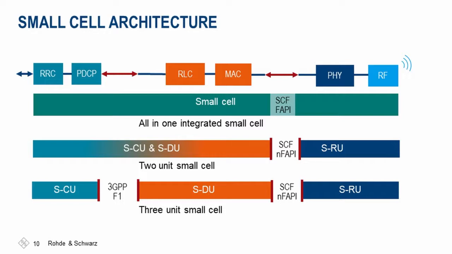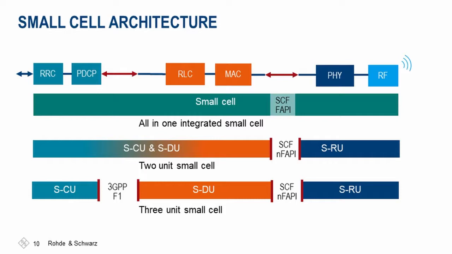So here you see the layers from physical to RRC and RF layer, and the possible different architectures. One is a small cell with, it's an all-in-one integrated small cell. It contains all the layers from RRC through PHY and RF in one unit, and within the all-in-one integrated unit, the small cell can still use the FAPI interface, the open interface, to communicate between the MAC and the PHY.